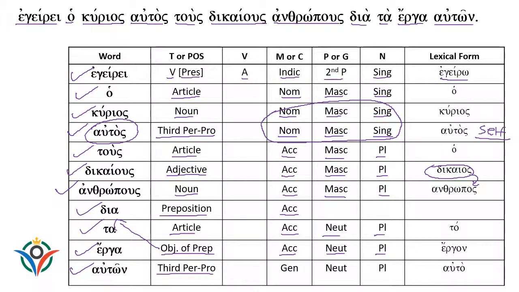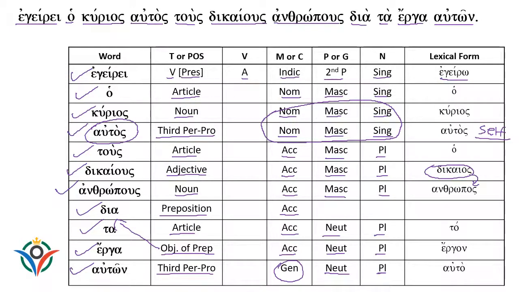It agrees with erga, the noun, in gender and number. Right, doesn't agree in case though. It's the genitive case. So it's not functioning as an intensive or identical pronoun. It's functioning as a normal third person personal pronoun. And so we are going to translate it as their because it's indicating possession in the genitive case.